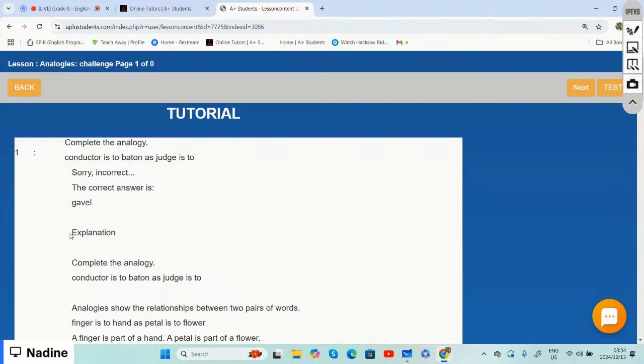Go over what analogies are, go to the test, and see if it shows the relationship between these words. All right. So we now need to look at the analogies challenge.